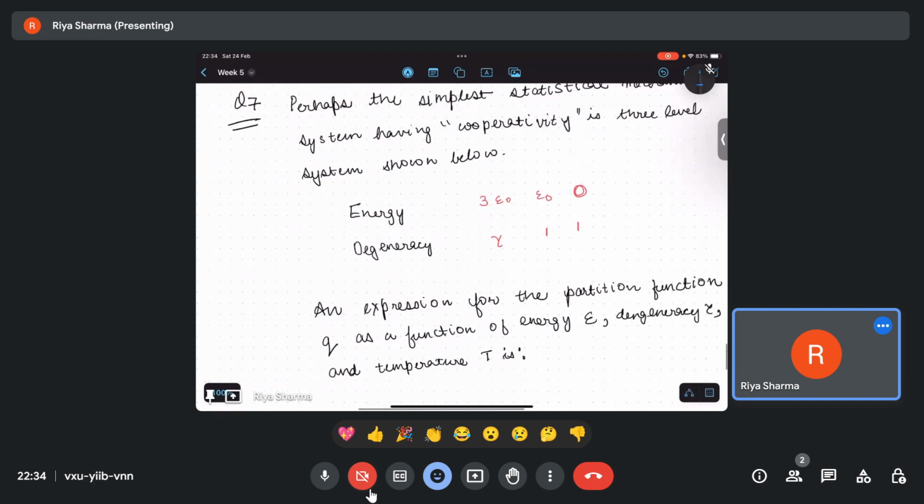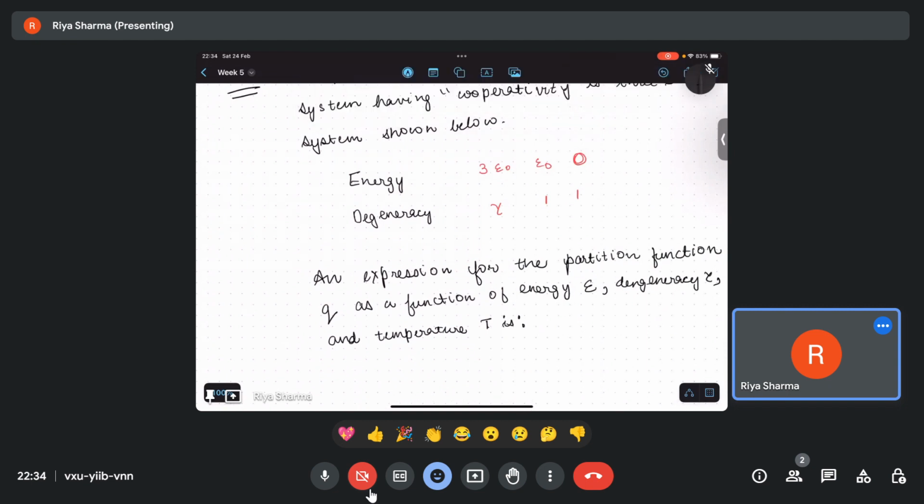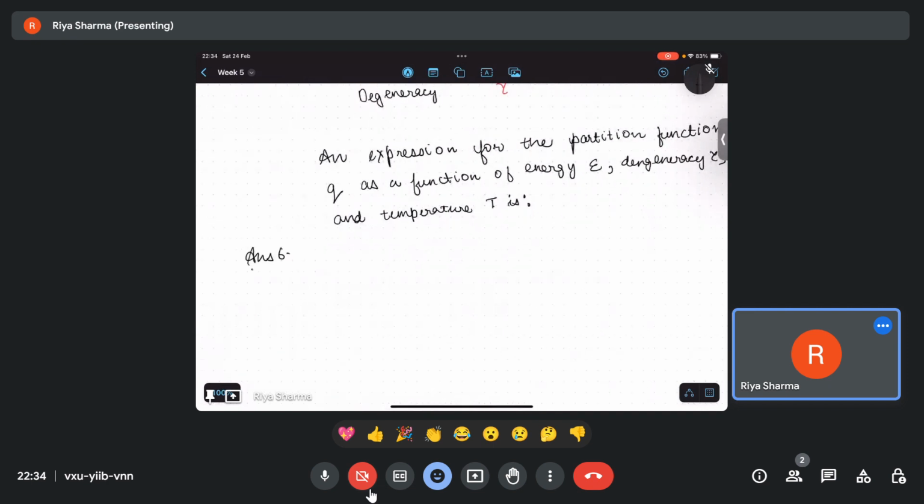So answer 7. Partition function will be equal to, if you know the degeneracy, sigma of i equals 1 to n e raised to the power minus Ej by kT.